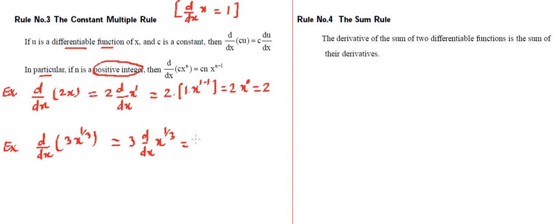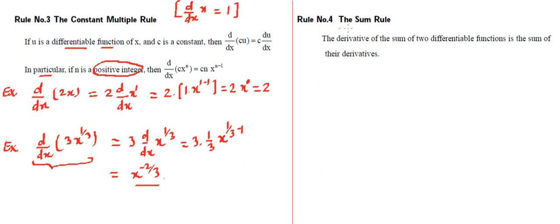Then as per the rule, this n is now 1 by 3, so n will be taken outside, that's 1 by 3, and this power has to be reduced by 1. You'll find the 3 and 3 getting cancelled out, x raised to power minus 2 by 3. That becomes our answer for the differentiation of this expression. Making sense? So here we have learned the constant multiple rule.